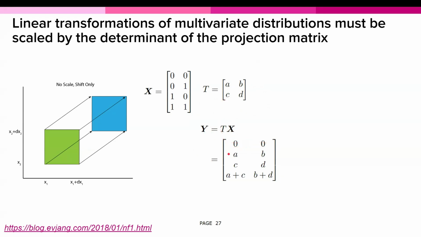The point (0, 1) would get mapped to (A, B). The point (1, 0) would get mapped to (C, D). And the point (1, 1) would get mapped to (A plus C, B plus D).